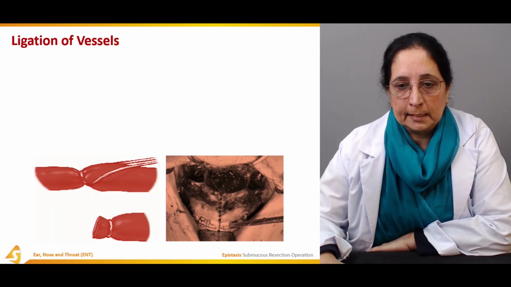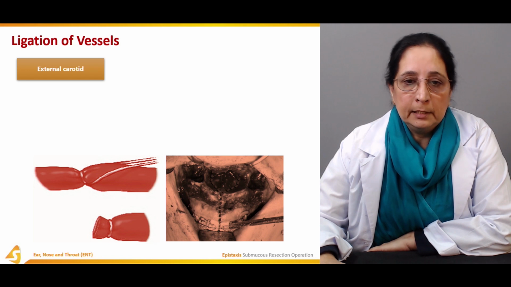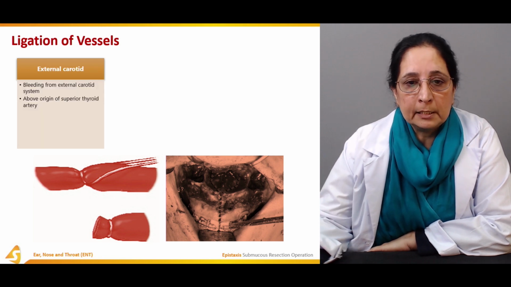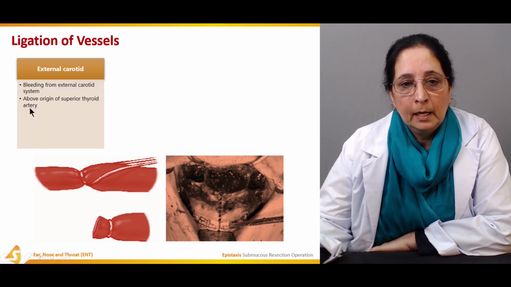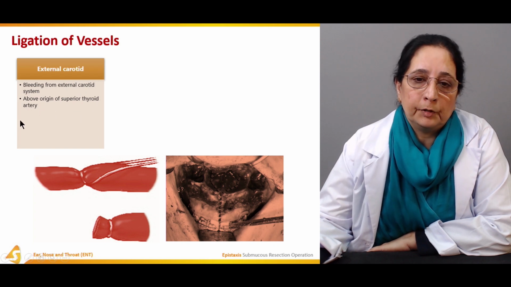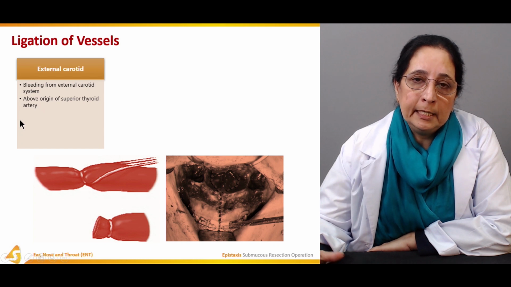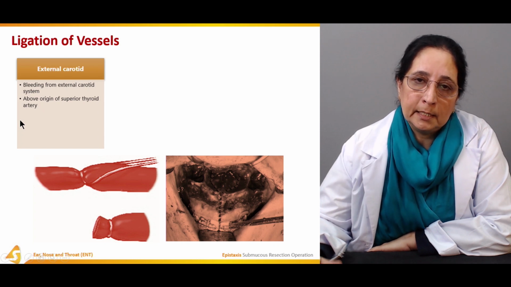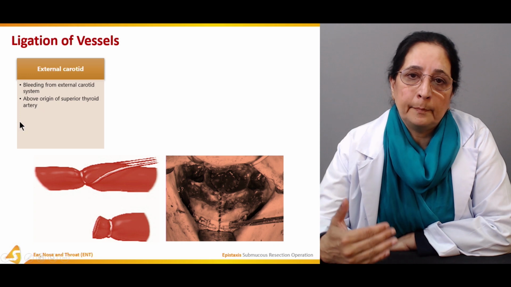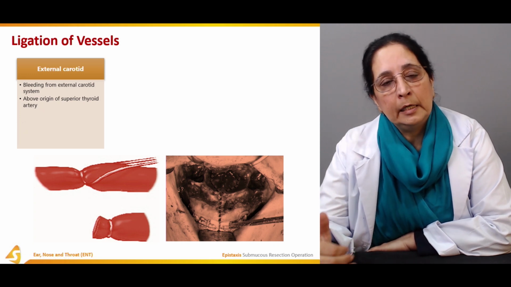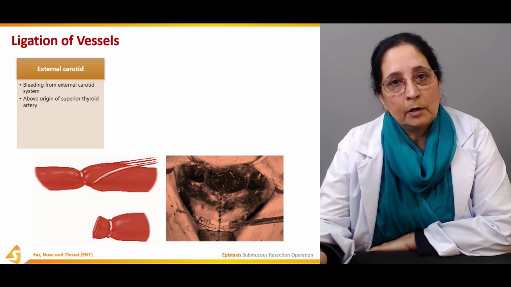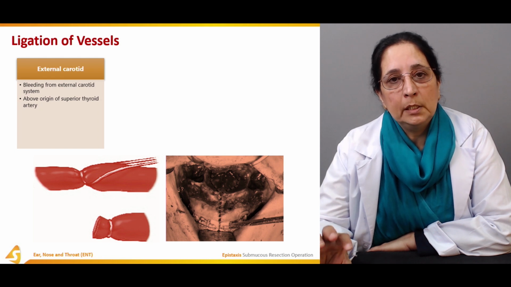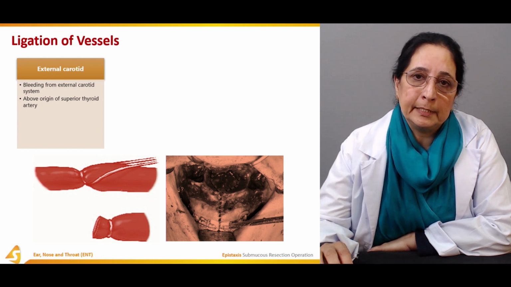Ligation of vessels. External carotid, bleeding from external carotid system above origin of superior thyroid artery. So if the bleeding is from the external carotid system, we already discussed the external carotid and internal carotid system when we talked about the blood supply of the septum and the lateral wall of the nose.